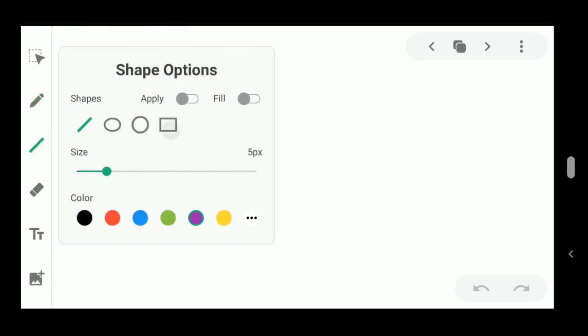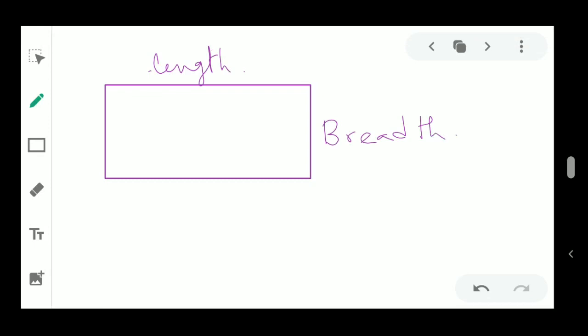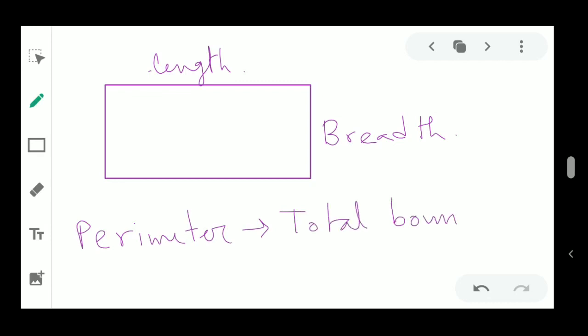Now coming to the perimeter, we know that if we have a field or a box like this, and we know that this is called length, the longer one, and this is called breadth. So perimeter means total boundary.